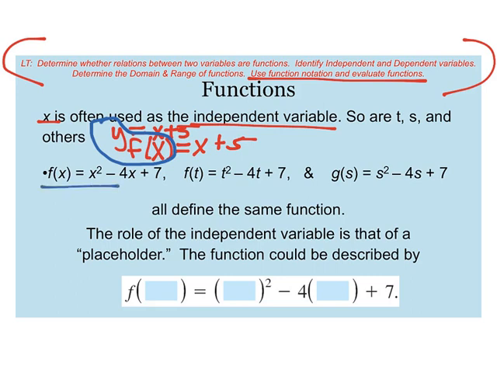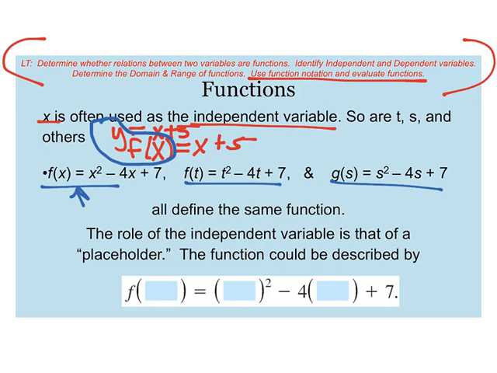Here are a couple different ways that we could write the same function. So for this first one, this is read as the function of x, or f of x, equals x squared minus 4x plus 7. So if I gave you an x value, you would plug it in everywhere that there was the variable x. Okay.